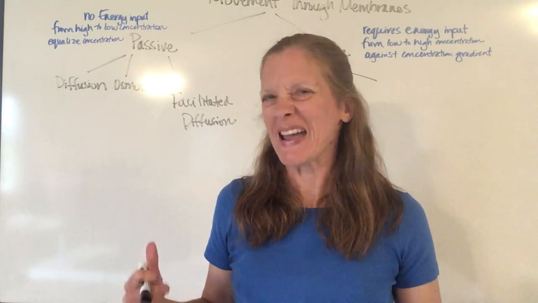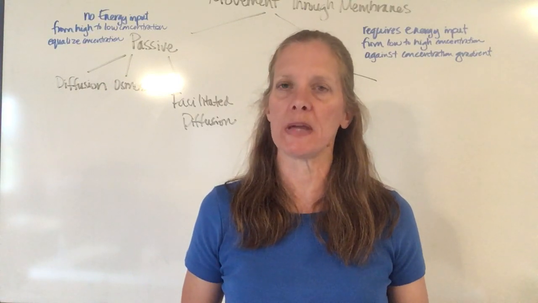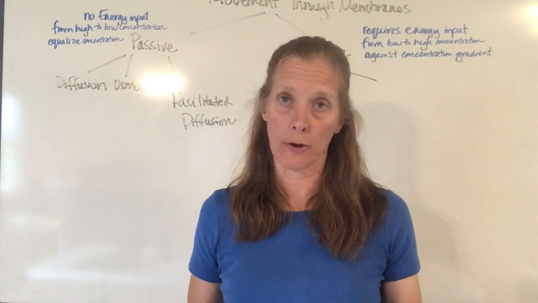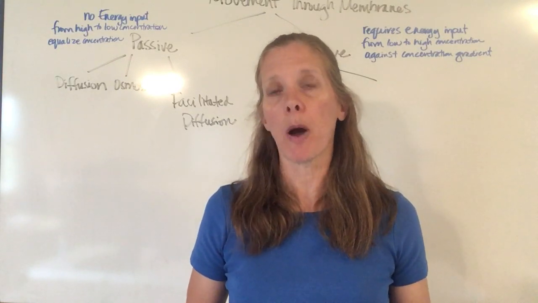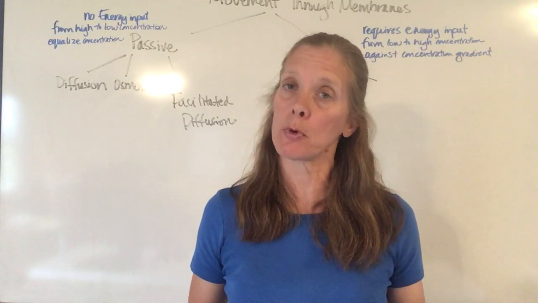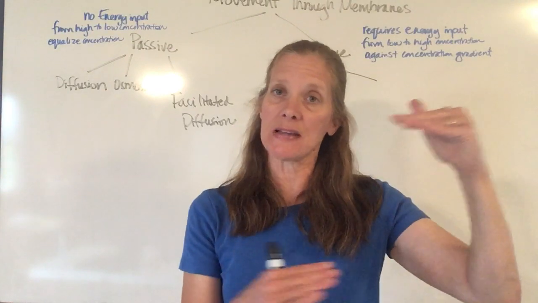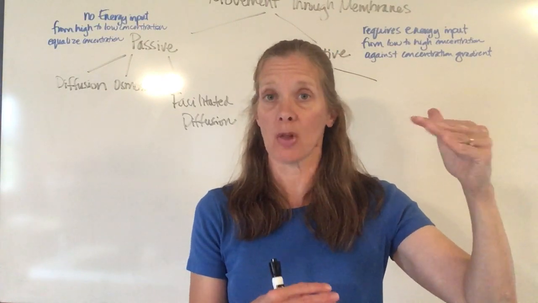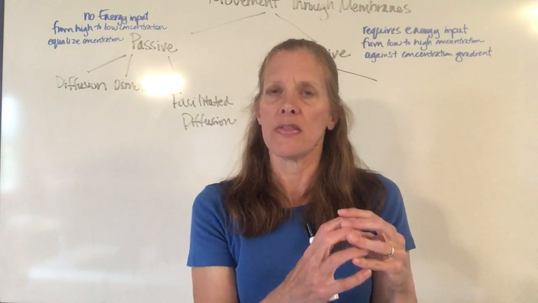Facilitated diffusion is kind of similar to that, because the cell wants things to be able to move in and out, like water, but it can't get through the membrane all by itself. Part of the reason for that is that a water molecule is polar. If you remember the way that the plasma membrane is set up, the outsides of it are hydrophilic, which like water, but the inside, where those fatty acid tails are, is hydrophobic.